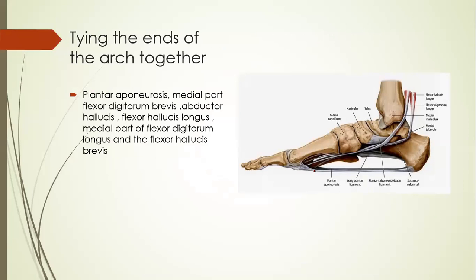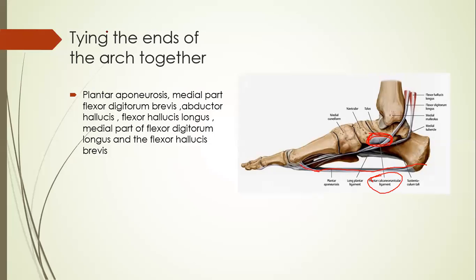You can see the plantar aponeurosis over here, and the most important one, which holds the talus bone and navicular bone, the plantar calcaneonavicular ligament. This is the most important one. These all hold and tie the arch.